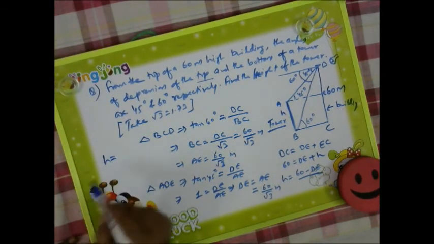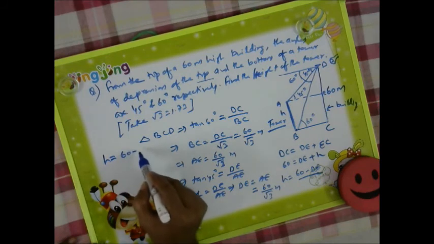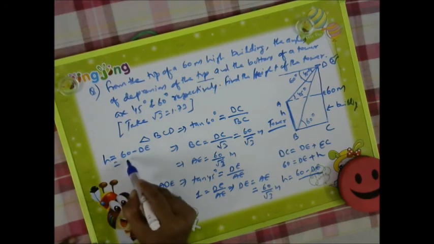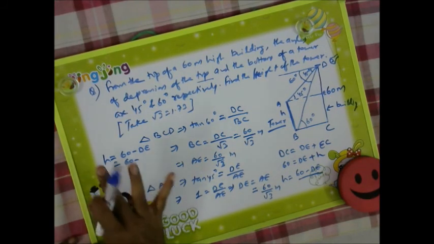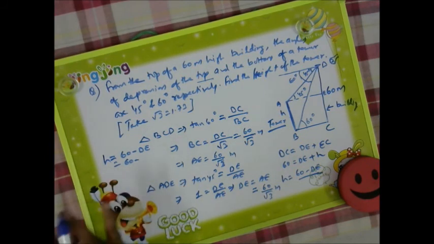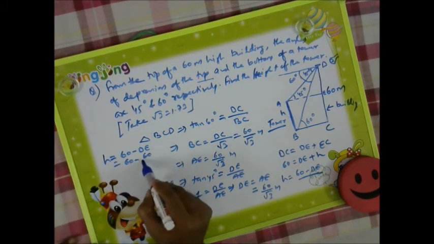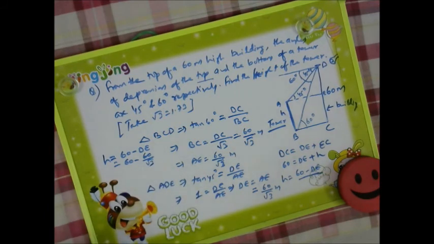So let us find h here. h is 60 minus DE, that is 60 minus 60 by root 3.